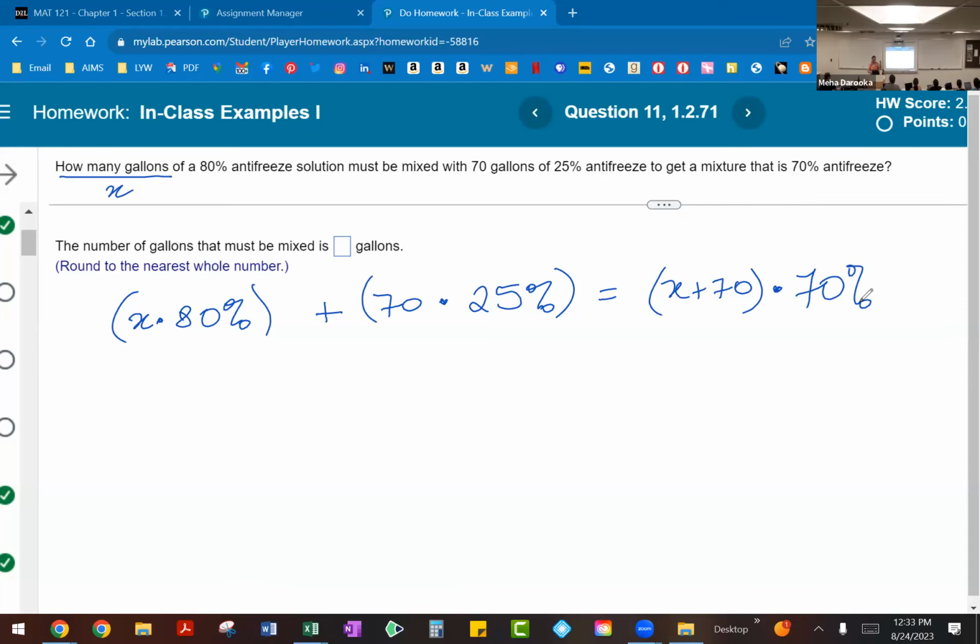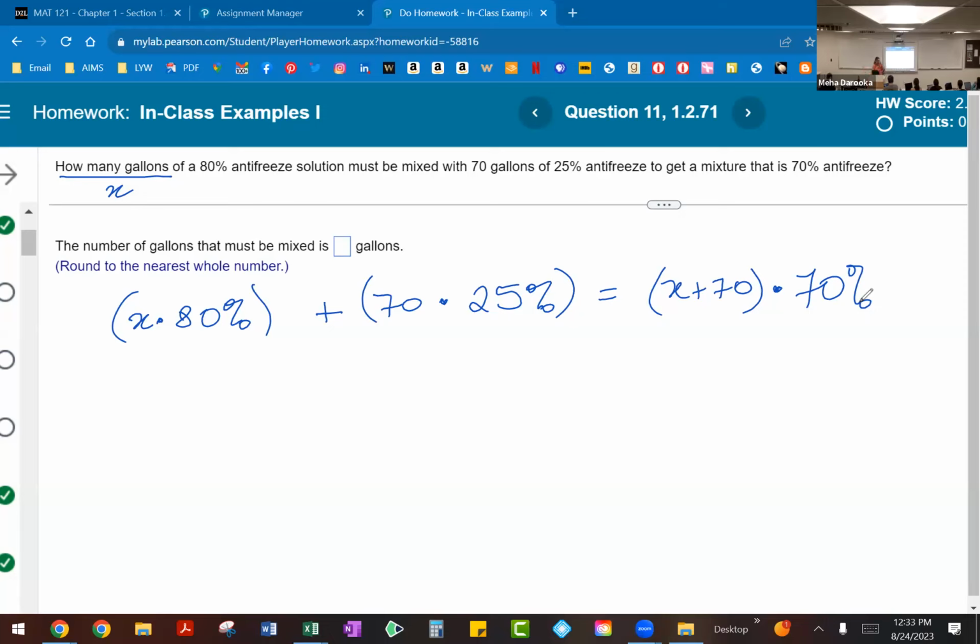We don't know the first one, so that's just X times 80%, that's one part. The second part of the mixture was 70 gallons of the 25%, so those go together, and that equals X plus 70 times my new concentration of 70%. That's how you break this down.